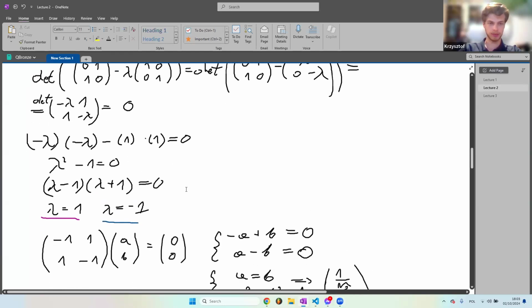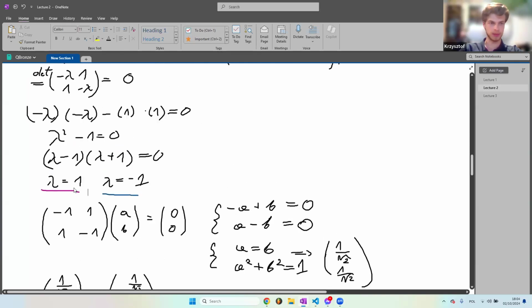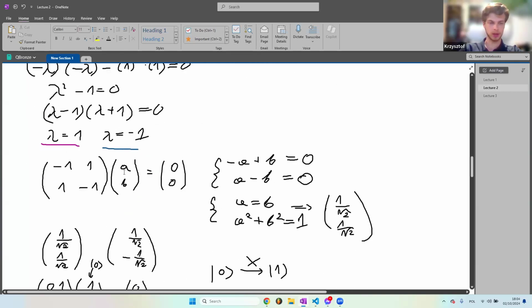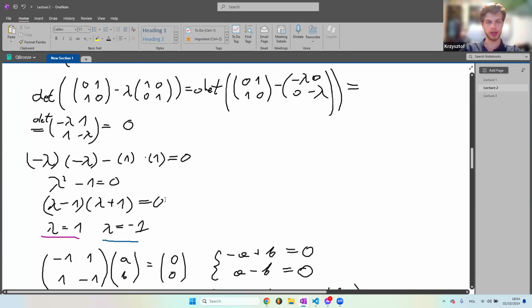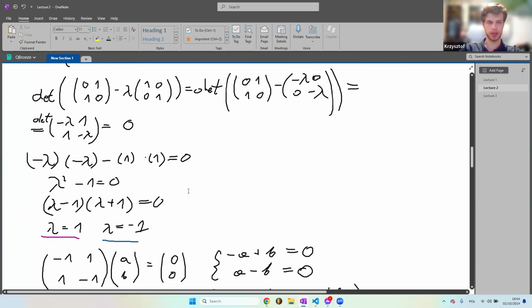But actually, when you substitute the eigenvalue to this matrix and make an operation on some vector, you should get the vector 0, 0, which is also denoted here.